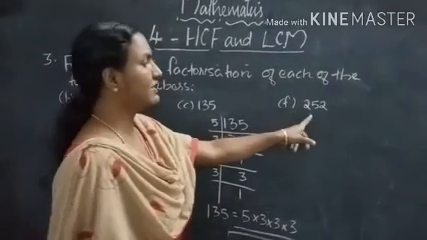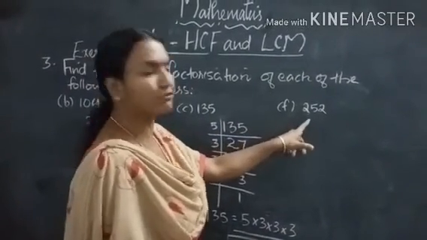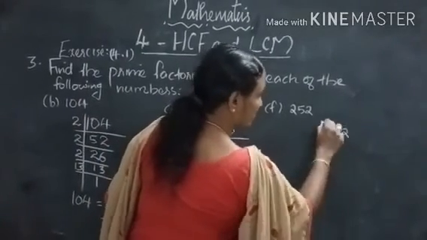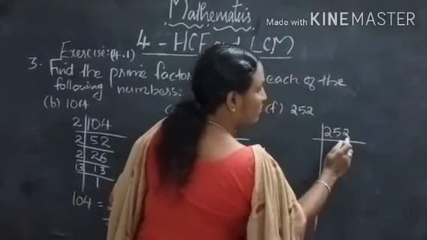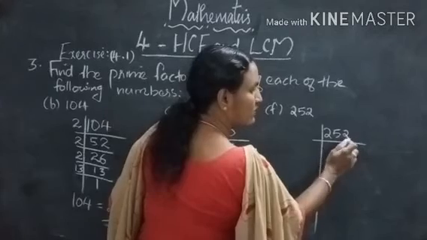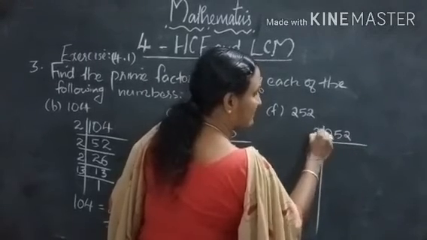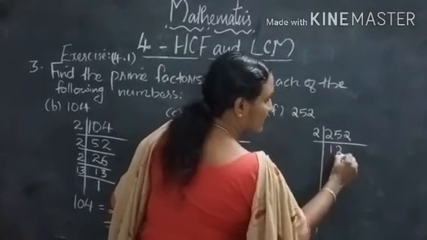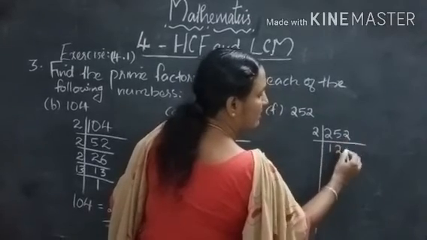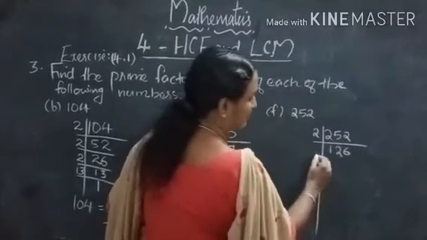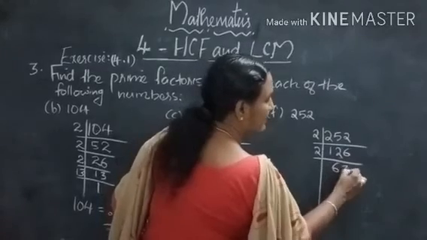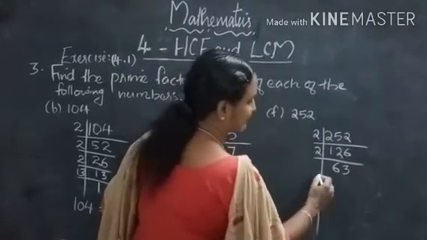The third question, 252. The number ends with 2. 2 is an even number, so start with 2. 1 2s are 2, then 5, 2 2s are 4, then balance 1, 12, 6 2s are 12. Again 2, 6 2s are 12 and 3 2s are 6.